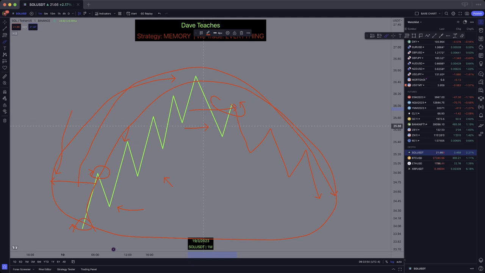But the one thing that needs to remain the same each time is that you're trailing your highs and your lows. That's it. Trail your lows, which is equivalent to counter pullbacks.